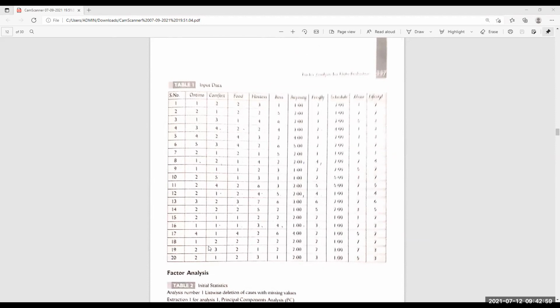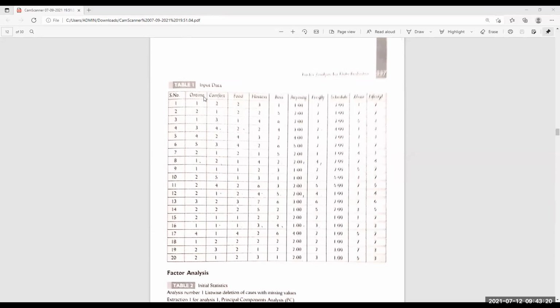And various items pertaining to their responses were captured, right? If you remember, that's why you have all done sample preparation of a questionnaire. You have collected some data and you coded it. Remember coding of the data, 1s and 2s and 3s and 4s, like that. So what do you find here? There are certain variables labeled on the columns: on time, comfort, food, hostess, all of that.